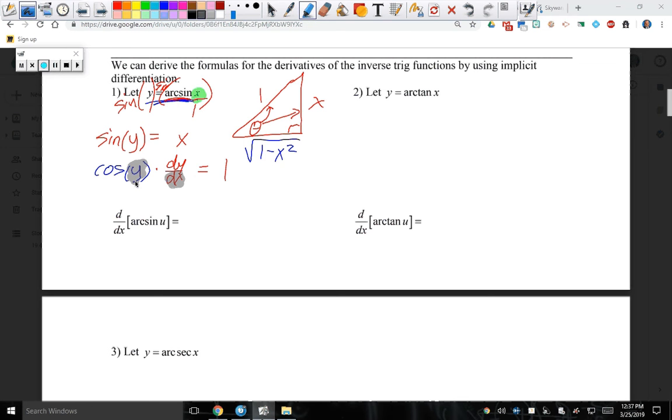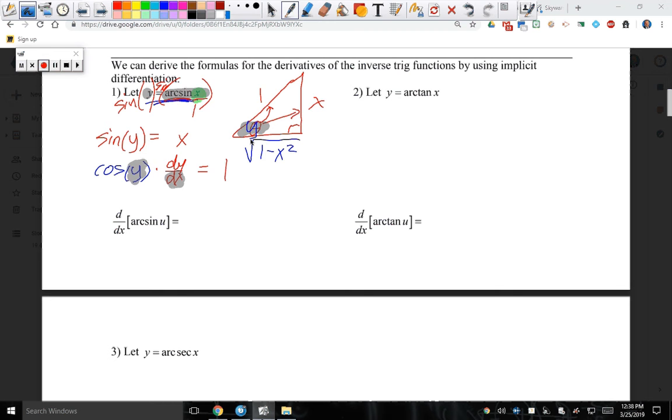Can someone show me where y is on the graph? Where's y? Theta, nice. Y is the angle. You with me? So y is theta. You can write down y if you want.